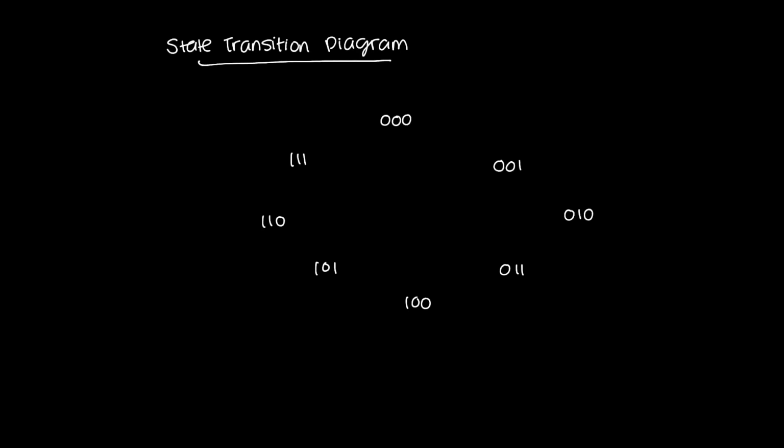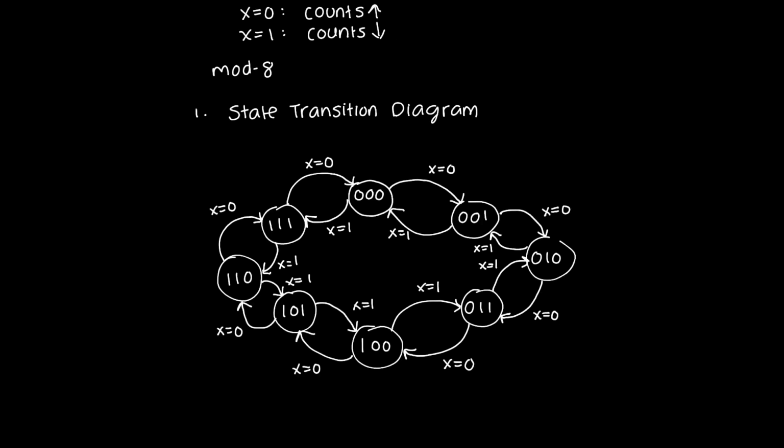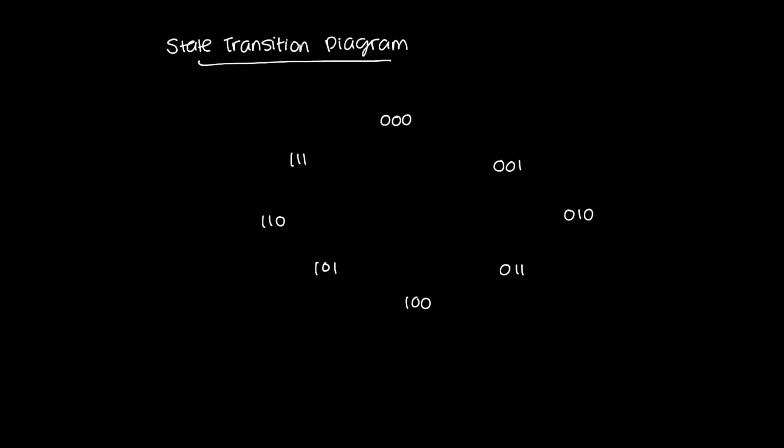As you recall, in the previous way we had done this, I had these conditional transitions. So basically I was counting up when X was 0, so my transitions were conditional, but I was counting down when X was equal to 1. But this way, I'm just going to count up every single time. I'm just going to continue counting up.